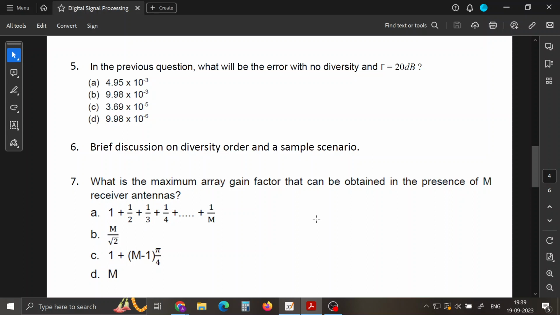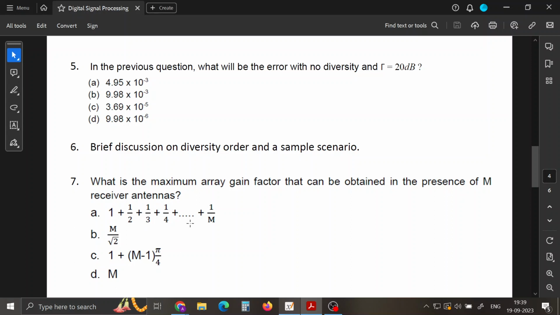Okay, the first option, option A, someone told, was actually the idea of selection combining. In selection combining you get this thing, but again it's not a very significant improvement, because as you keep increasing M, the increment that you are getting is a reciprocal, so it's a diminishing increment, right?